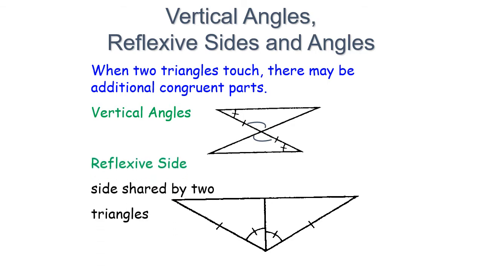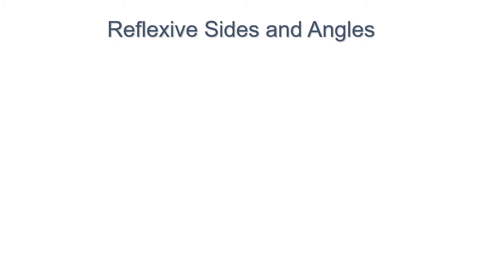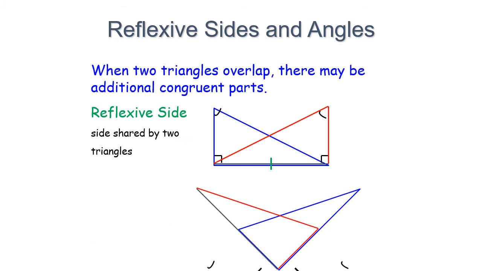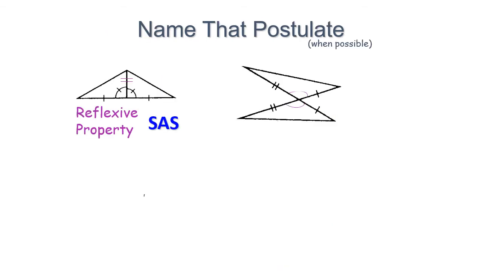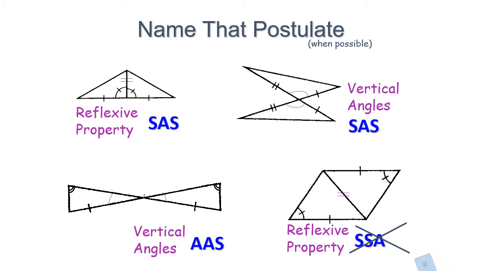Then the reflexive side, sharing the same side, is also part of the properties. Let me skip this part. Just try to see that on your own, assuming that you know this already, because it was discussed before.